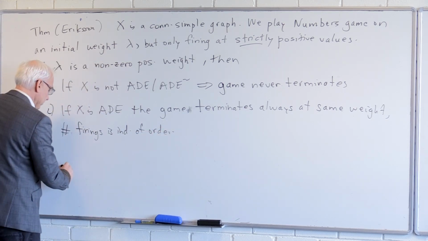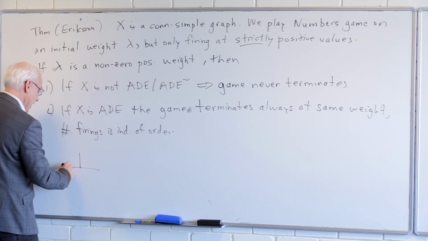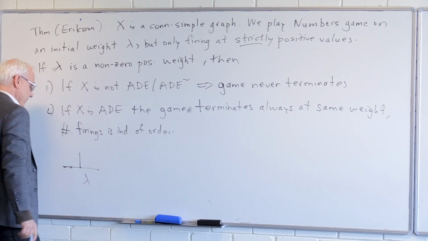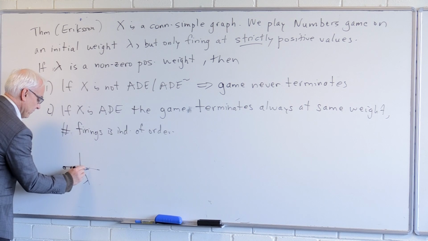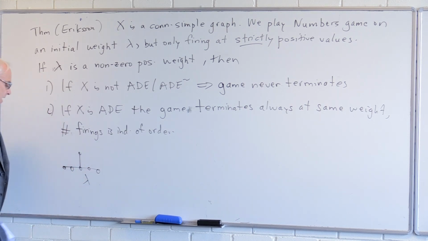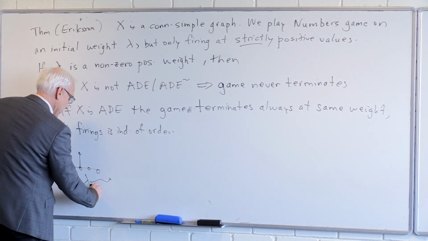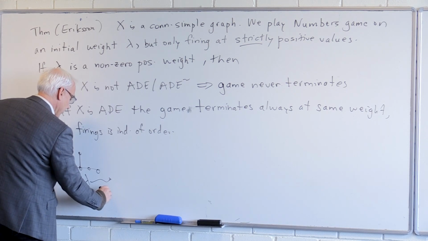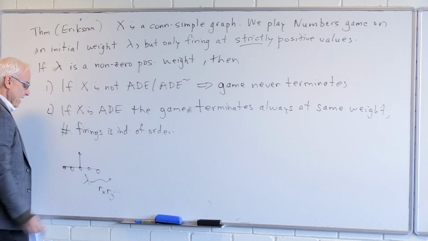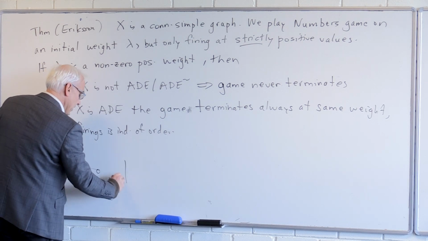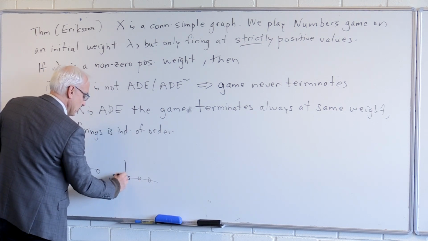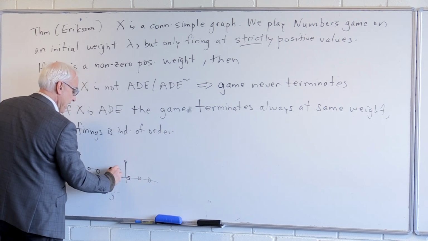That means you have some ADE graph, and you have some weights, they're actually circle ones because we're thinking of this numbers game, and then you start performing various firings, etc. And eventually you get to some situation where you only have negative values.